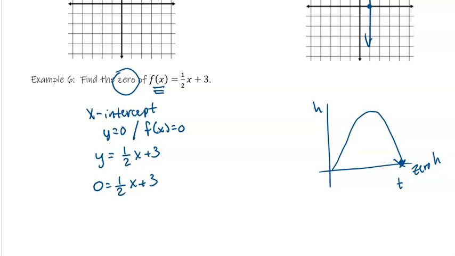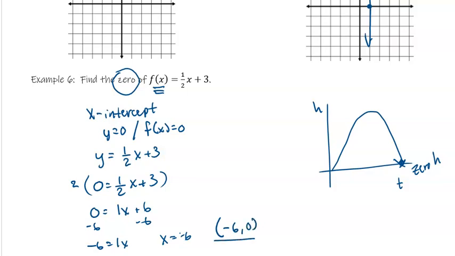Both of those mean the same thing. So now I'm going to flatten out that 1/2 by multiplying everything by 2. I get 0 equals 1x plus 6. Kind of a slick little trick there, right? Take away 6. You get negative 6 equals 1x. So x equals negative 6 is where the 0 is. Coordinate point is negative 6, 0. Done. And that's the end of this lesson.